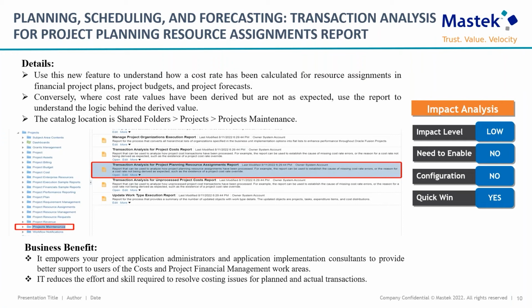From the UI, the user can see one error at a time and cannot extract errors from the UI side. But after introduction of this feature, this new report released in 22D, it becomes very easy to find the root cause of errors associated with rates, override rates, and costing method or organization costing rules.